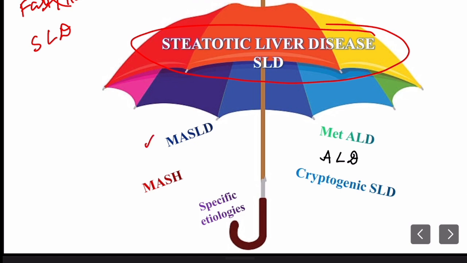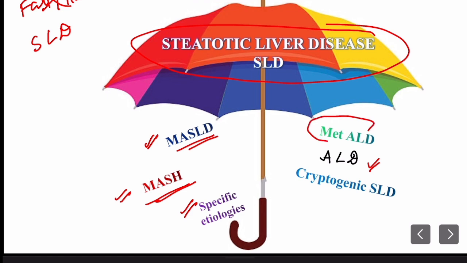One cause is metabolic dysfunction associated steatotic liver disease, and there is a progressive form of MASLD, that is metabolic dysfunction associated steatohepatitis. Then there can be specific etiologies, for example, drugs which can cause steatosis in the liver. Then there is another category that we studied in the last lecture, that is alcohol related liver disease. So again, that can cause steatosis in the liver.